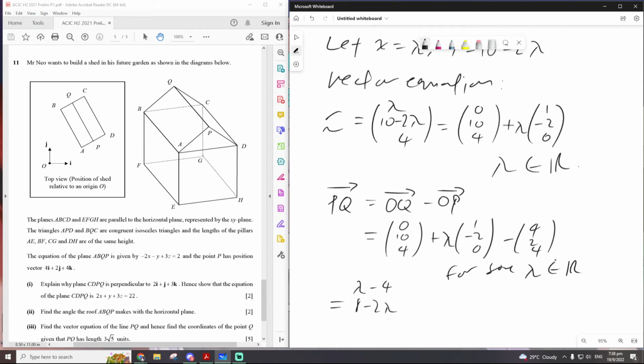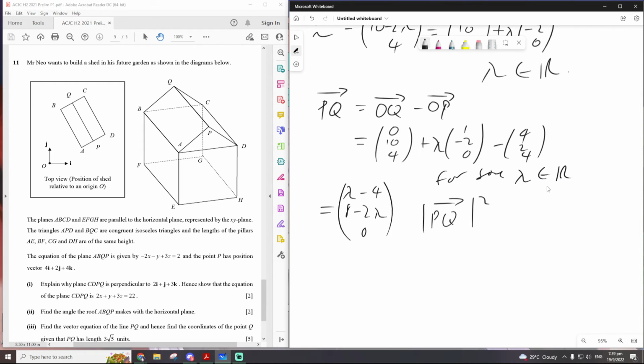And that's it, 0. Okay. Mod PQ squared. I'm going to consider the square of the modulus so that I don't need the square root. And this is going to give me lambda minus 4 squared plus 8 minus 2 lambda squared.